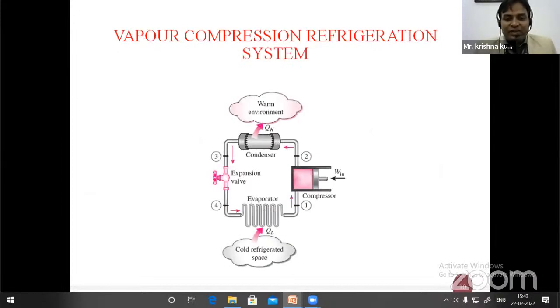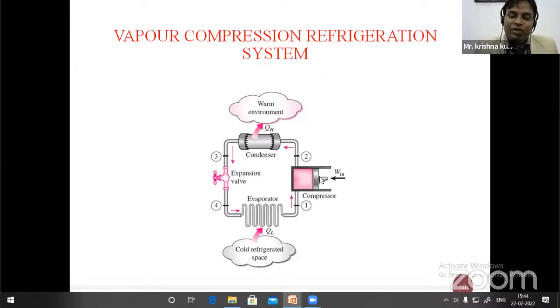Here also you can have the schematic diagram of that PS diagram. Like here, 1 to 2 you will have the compressor, then 2 to 3 you will have the condenser, 3 to 4 you have the expansion valve, and 4 to 1 it is the evaporator. Okay, so the same thing is happening here, but this is the schematic diagram.